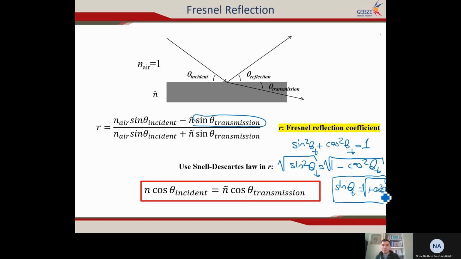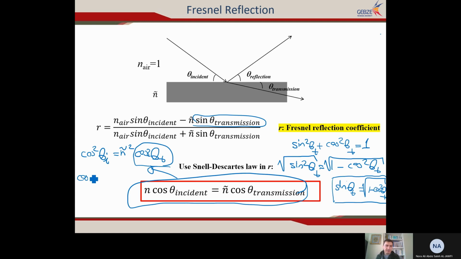Right? So what about the cosine squared transmission? If you take the square of this equation, n is 1, cosine squared theta incident is equal to n medium square times cosine squared theta transmission.